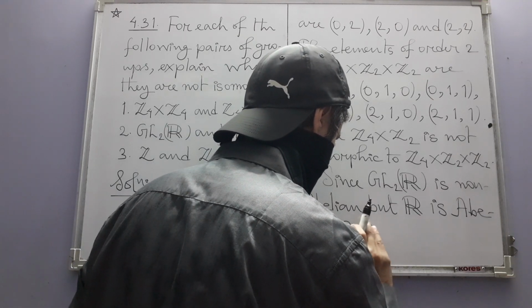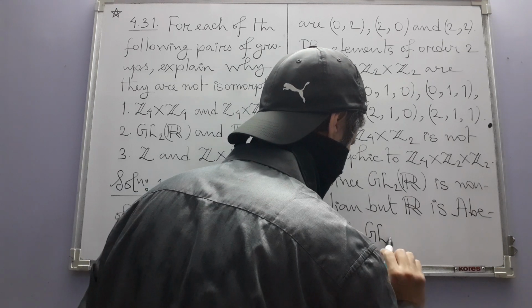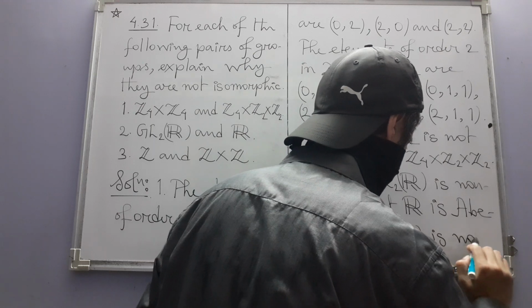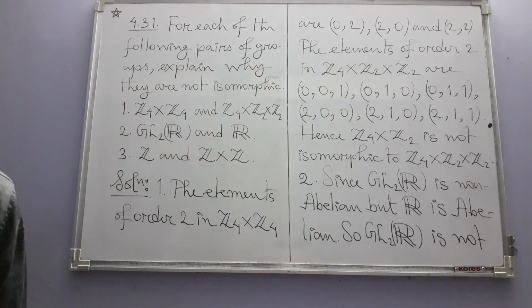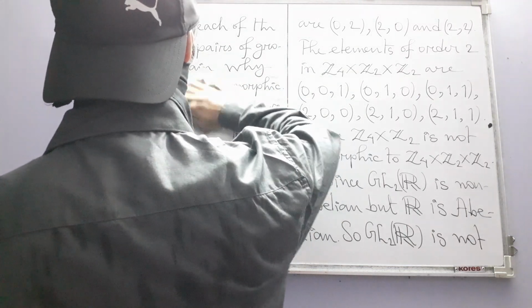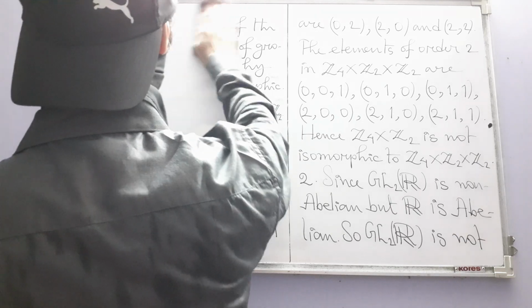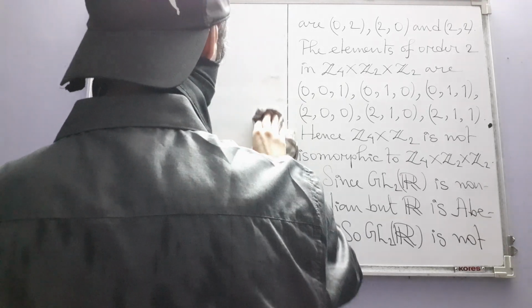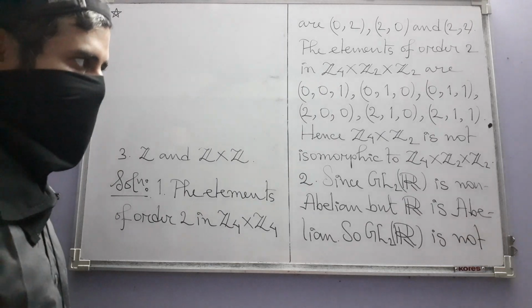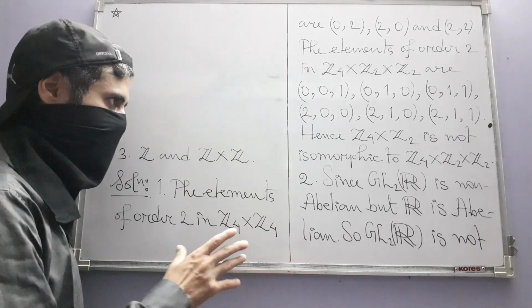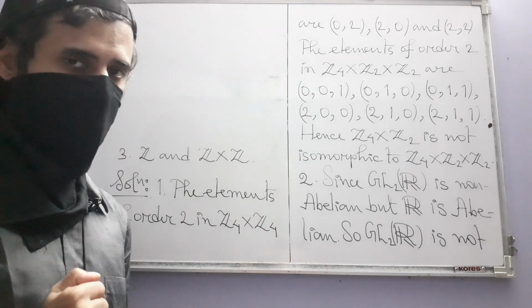So the general linear group is not isomorphic to the group of real numbers. Lack of isomorphism is somewhat easier to prove than to prove that 2 groups are isomorphic, because to show that 2 groups are isomorphic, you have to show that there is an isomorphism.